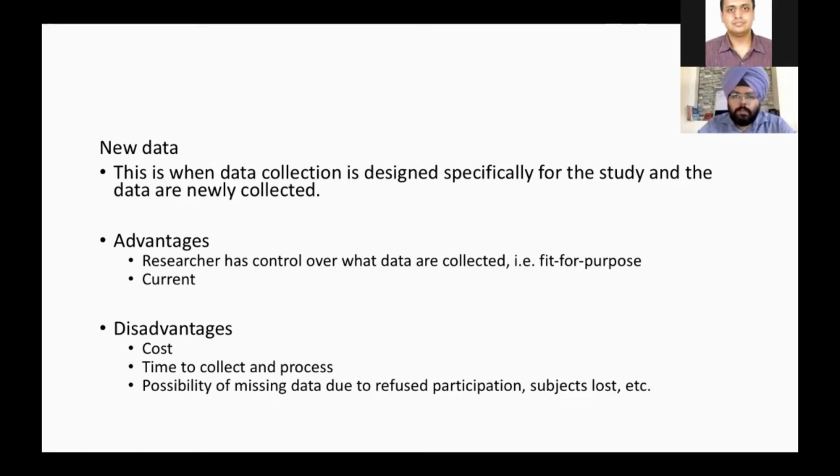So there are a few inherent advantages and disadvantages. The advantage is that we have control over what is to be collected, and whatever we record is the current, latest information. The disadvantage is it has cost implication and time to collect, process, and then analyze.